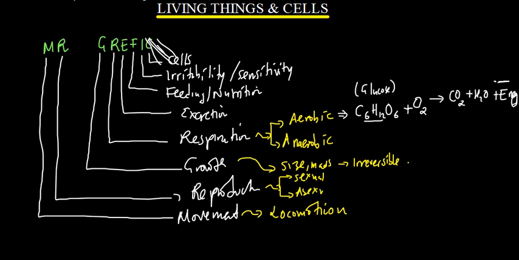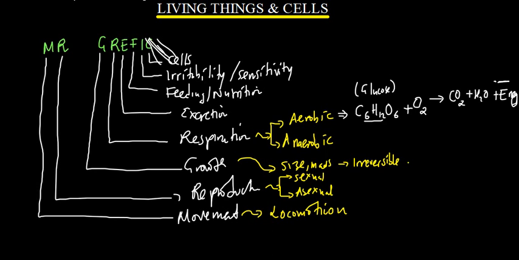So in biology, we'll be looking at each one of these characteristics of living things one by one as a topic. Now, sexual reproduction is where you produce offsprings or young ones when a male and a female come together. Fertilization happens.